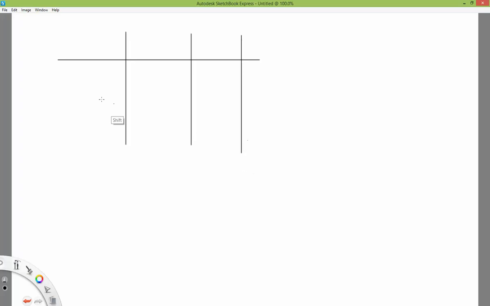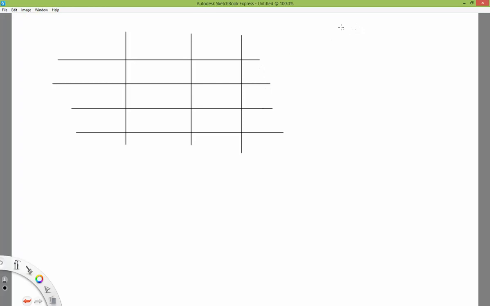So I want to go into maybe reading a two-way table, which we saw earlier with the votes. Okay, so this is called a two-way table.